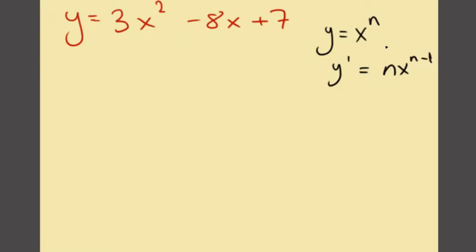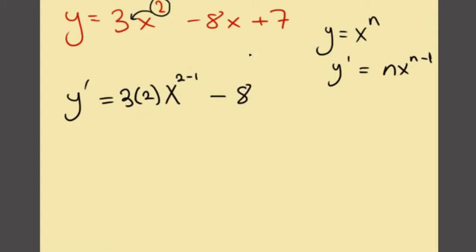Using this, you will differentiate this equation. So y dash is equal to 3 multiplied by 2. You take down the power and multiply it. Then you do x, so then you do 2 minus 1, according to this rule.